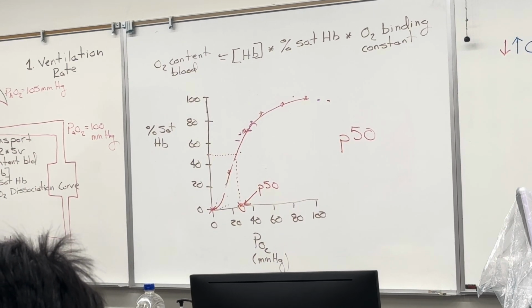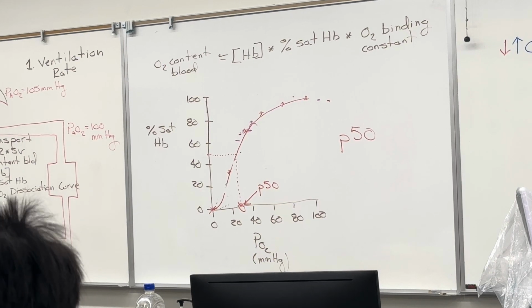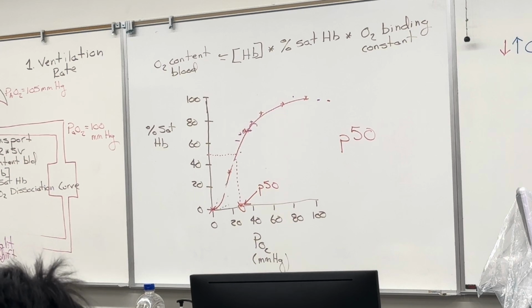Now, why do we care about the P50? The P50 is a simple measure that describes for us the affinity that hemoglobin has for oxygen. And the lower the P50, the higher the affinity. Let me show you.